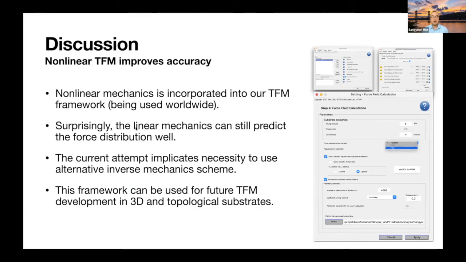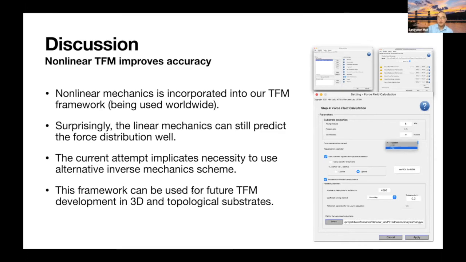Surprisingly, the linear mechanics, as you see in the simulation studies, can still predict the force distribution very well. We have some ideas about why, and the current attempt implicates some necessity to improve this inverse mechanics scheme. This framework can also be used for future TFM development in 3D and topological substrate.